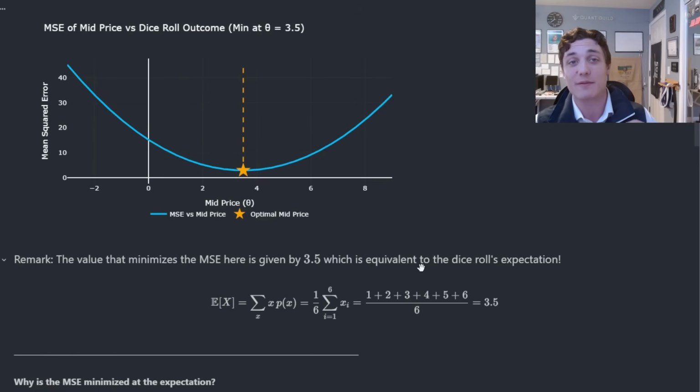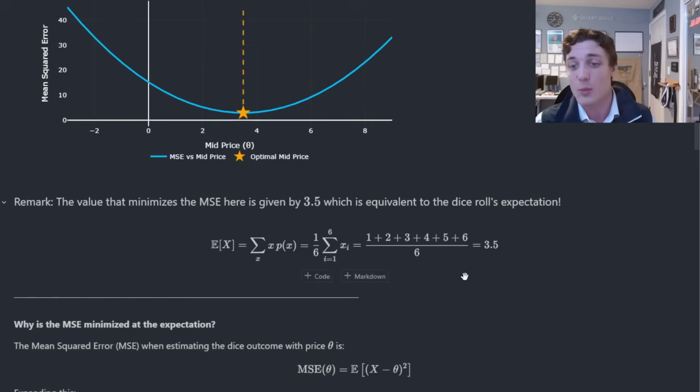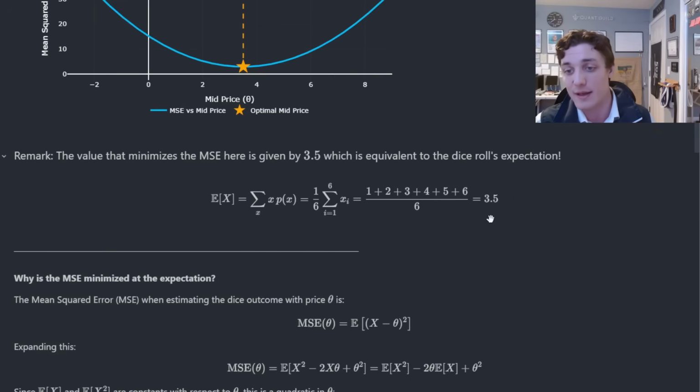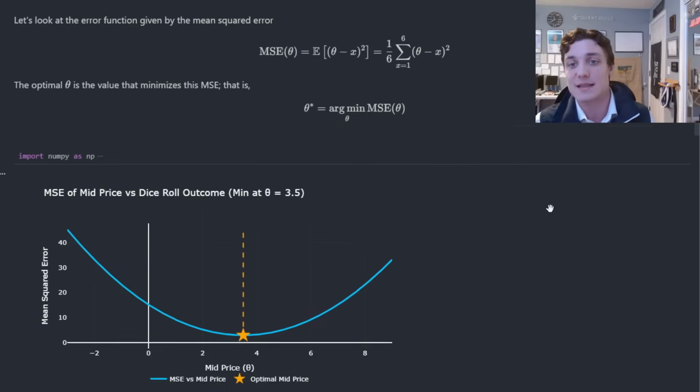If we take the average of our dice roll, that is all of the possible outcomes, we actually get that exact same value, 3.5. And this isn't a coincidence.